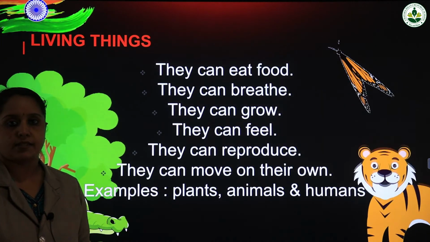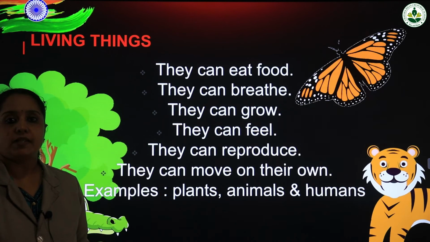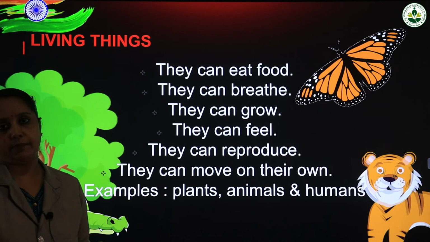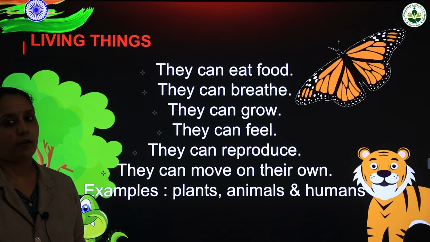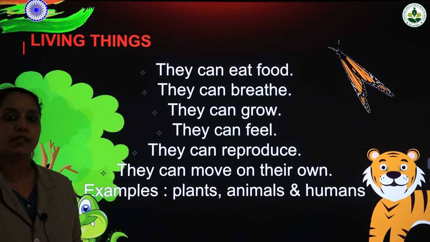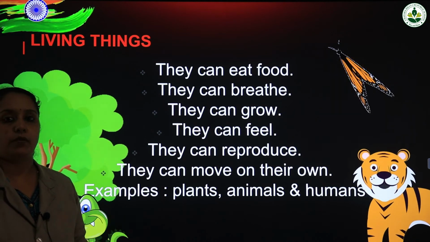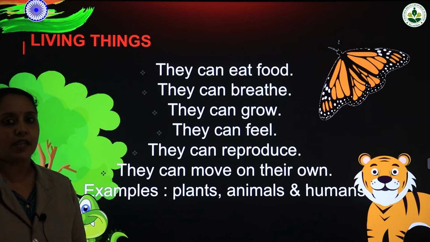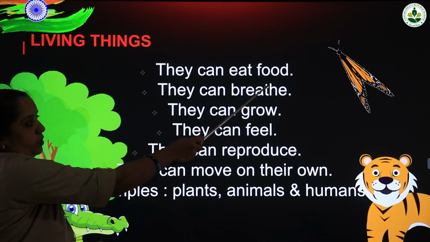All the plants eat food, but the food that plants eat are prepared by them. So plants also have food. Animals have food. Animals feed on other plants and other animals. We also have food. We get food from plants and animals. So all the living things eat food.